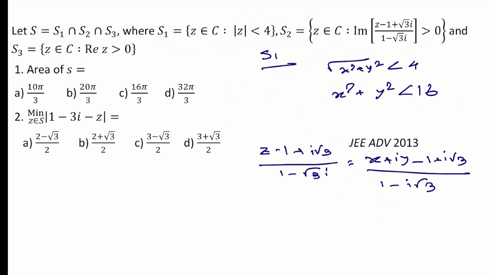If we rationalize this, we are getting (x plus iy minus 1 plus i root 3) into (1 plus i root 3).